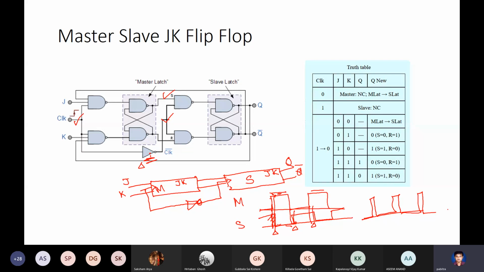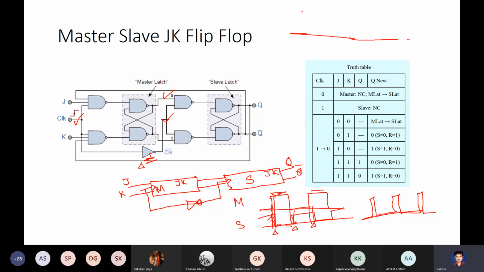All right. So you can also think of it like this. The master latch's output gets transferred to the slave latch's output. If we look at the clock, there are three things happening.